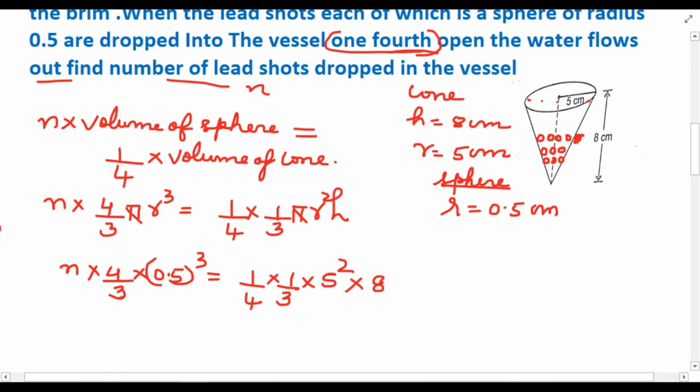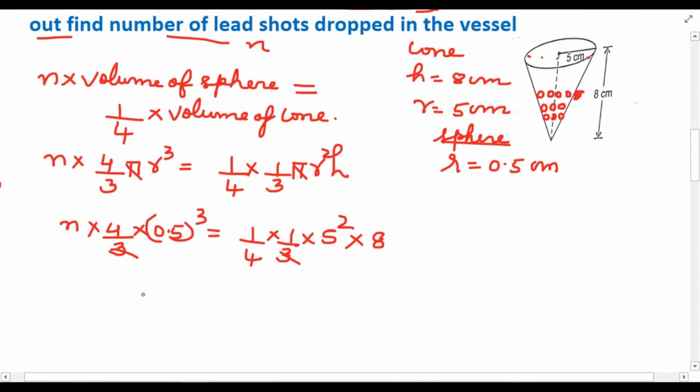So this 3 and 3 also I can cancel. Now when you simplify this, we want to find the value of N, how many lead shots are there. So 5 square is 25, and this you can cancel, it is 2. So 25 into 2 is 50, divided by 4 into 0.5 the whole cube, which, when you simplify, we will be getting 100.